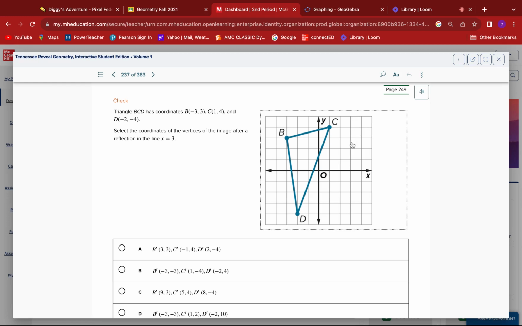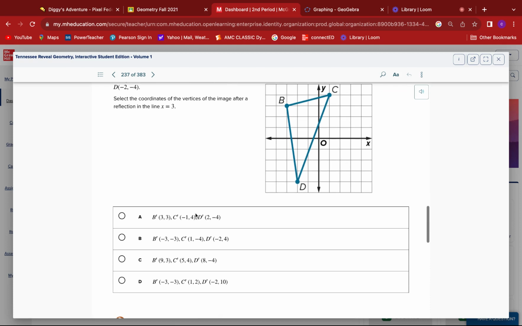Remember, if this is your line of reflection, the vertical line x equals 3, if your pre-image is 2 to the left, for C, your image for the C is going to be 2 to the right. So just count over. 1, 2, 3, 4, 5. Up 1, 2, 3, 4. So your C prime is going to be 5, 4.